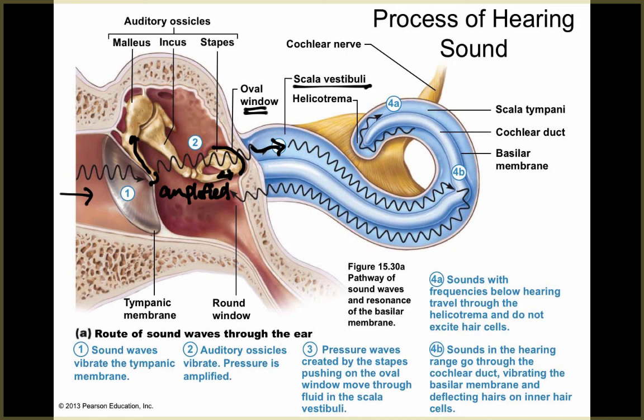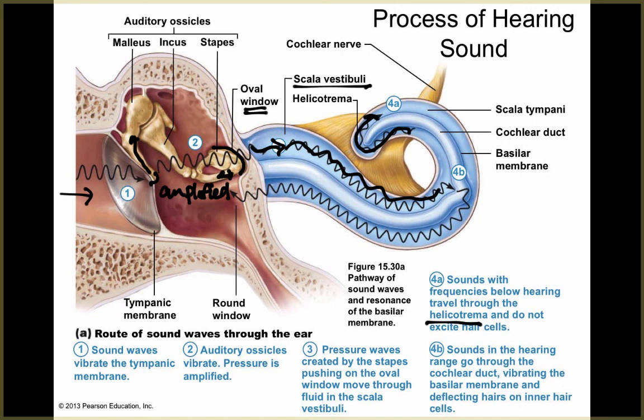And so if the sound is below hearing frequency, it's going to travel through the helicotrema, which you can see that area right here, right? It's deep and it doesn't excite any hair cells.